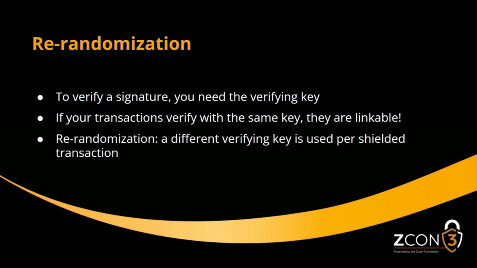So Zcash employs this re-randomization, which basically means every time you sign a transaction, you compute a randomizer, which scrambles your private key. It turns into a new private key, and with that, a new, randomized public key.